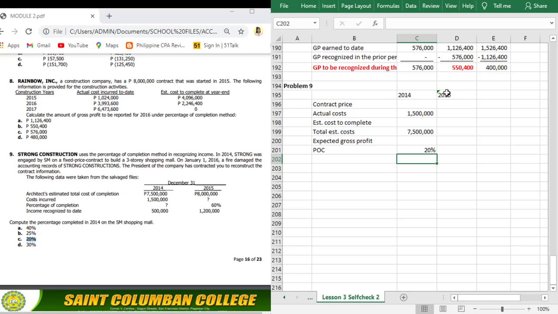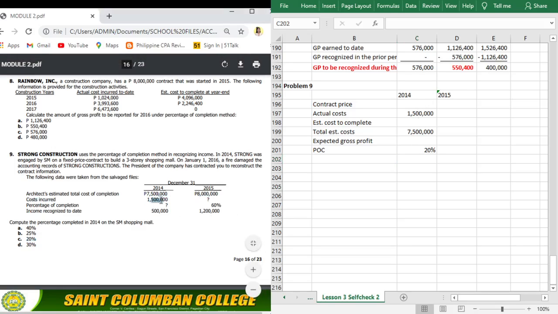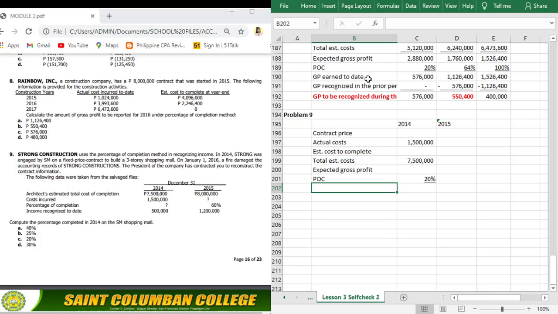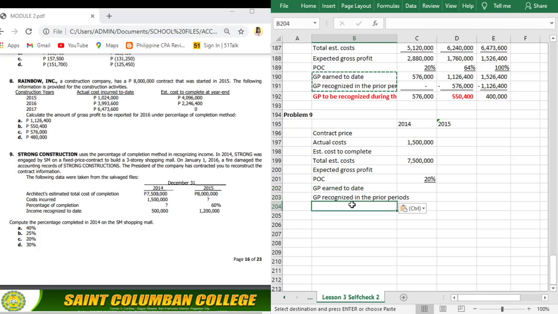Okay? So, naa na tay kani, and then we have income recognized to date. So, diba, after we can compute the percentage of completion, makuha na nato ang gross profit earned to date. And then, the gross profit recognized in the prior periods.